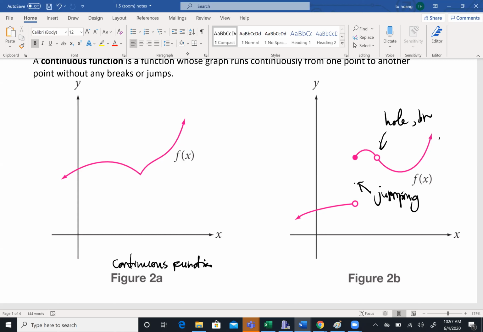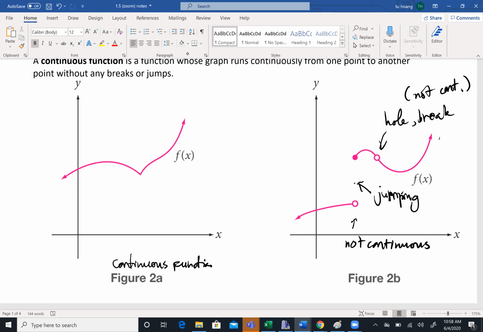So this is not continuous at this point, and here is not continuous either. Maybe I'm just going to write a shortcut.